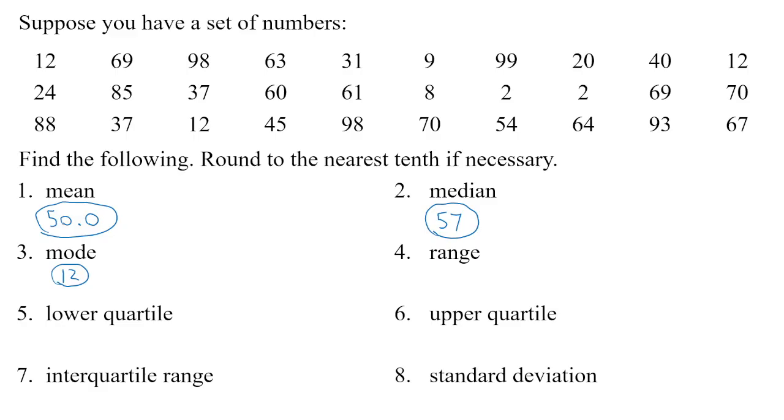Next, they ask for the range. The range is the difference between the larger number and the smaller number. Or should I say the largest number and the smallest number. Therefore, it's the largest minus the smallest.